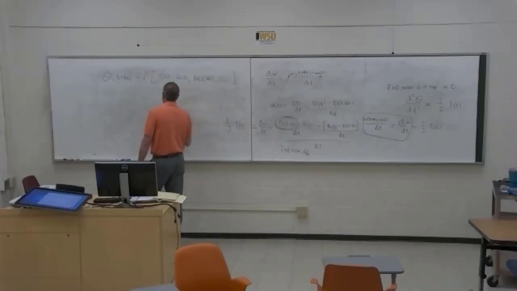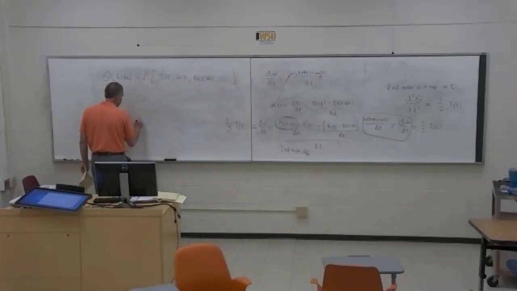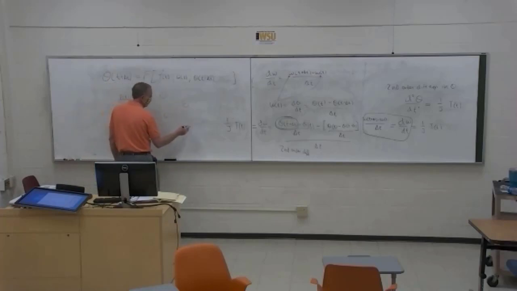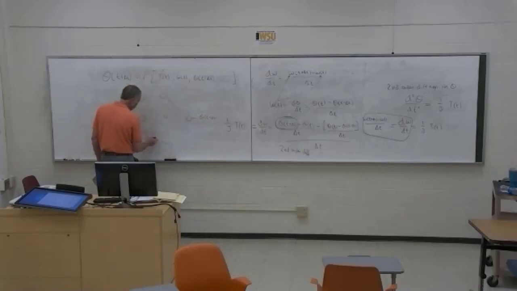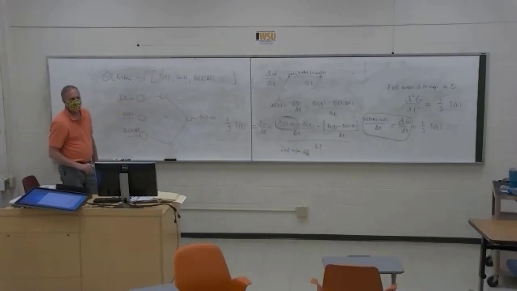And so this says that I can create a neural net, a different neural net because it's a different formulation, and I can use these inputs to predict just theta one time step ahead.